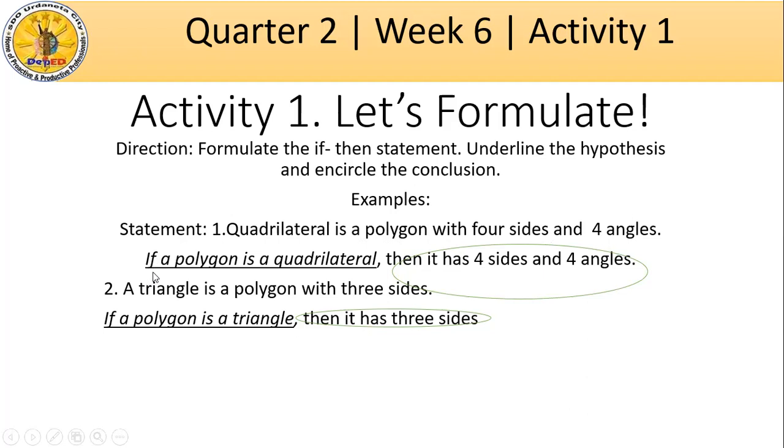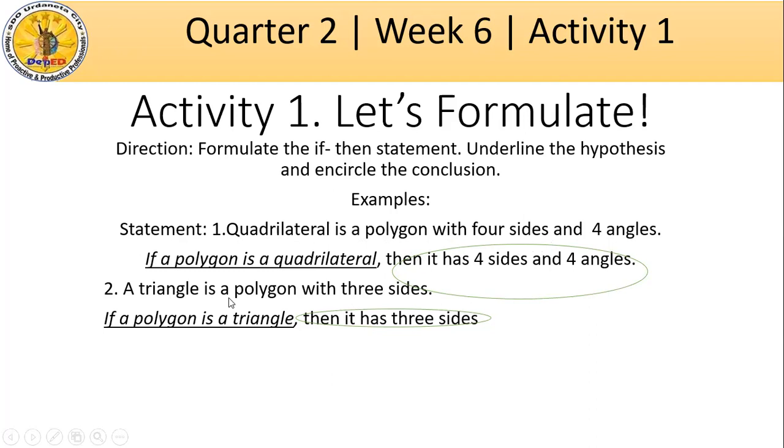So, if a polygon is a quadrilateral, then it has 4 sides and 4 angles. The underlined words are called the hypothesis, and the encircled one is called the conclusion.